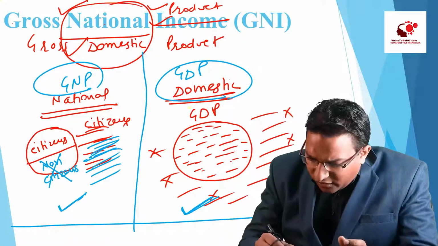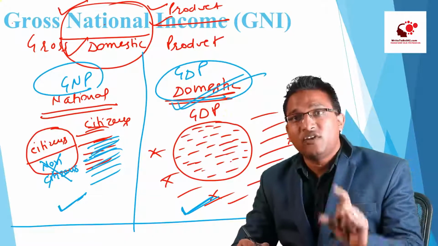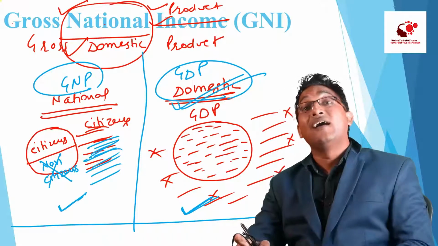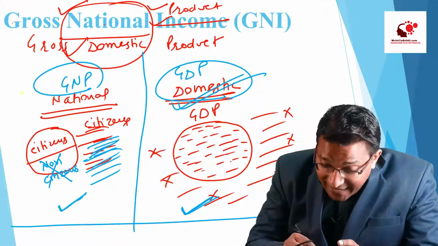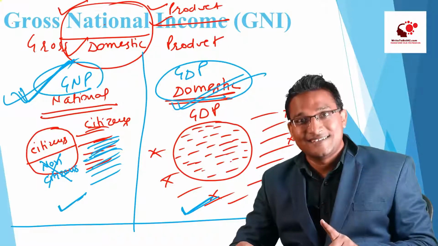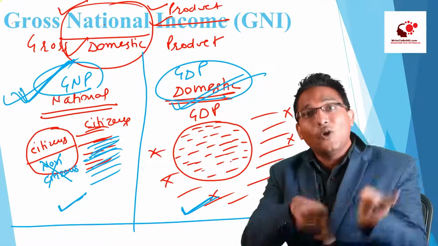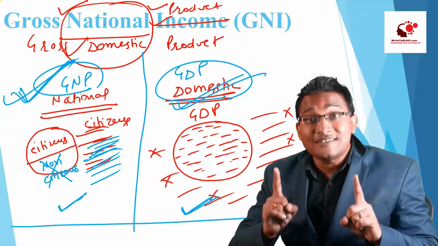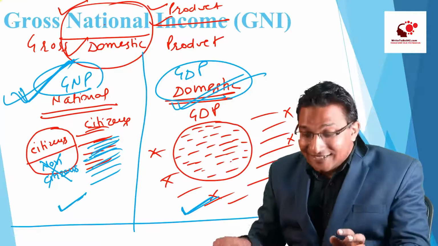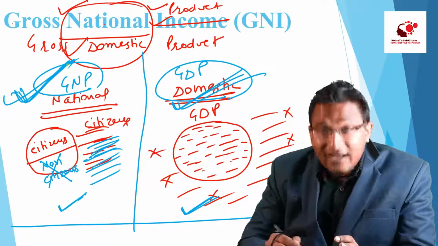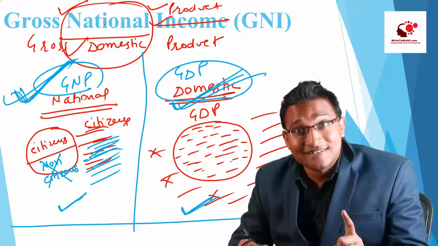In the GDP, we are focusing upon the production that is happening within the country. But in the GNP, we are focusing upon the income of the citizens, whether the income is within India or outside India. So this difference is of the method. GDP is the production method, production measure. GNP is the income method or income measure.